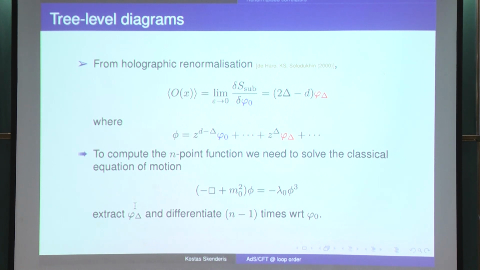Now if you want to compute n-point functions, you need to solve the classical field equations, and then differentiate this piece here n minus 1 times with respect to phi naught.